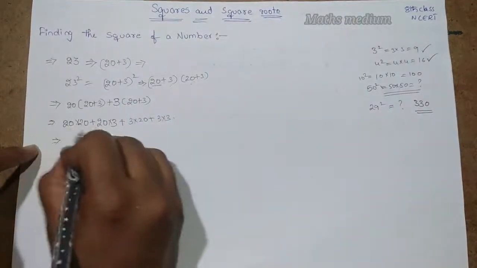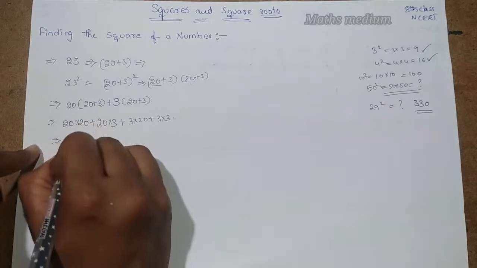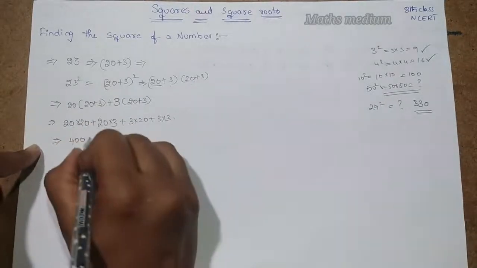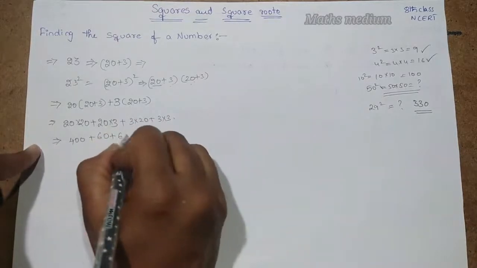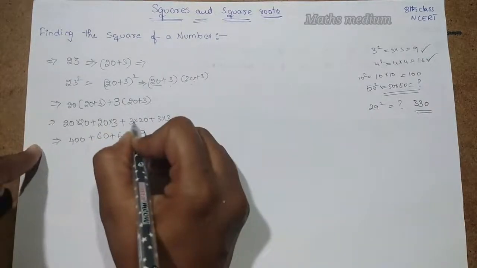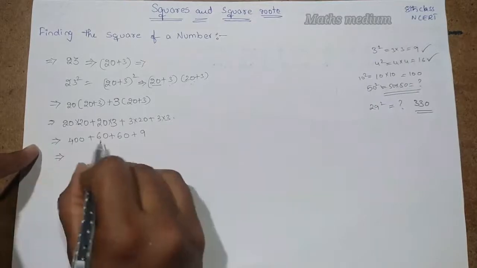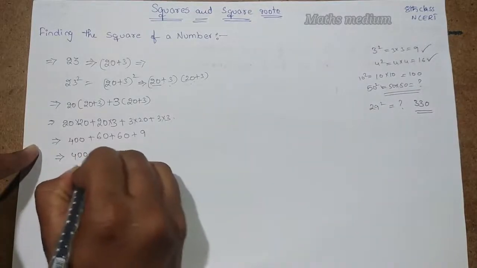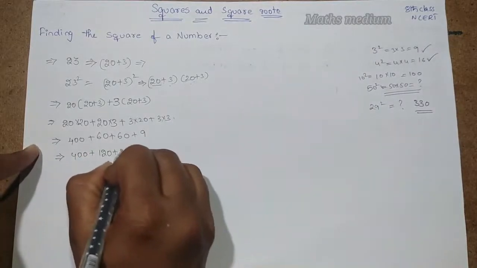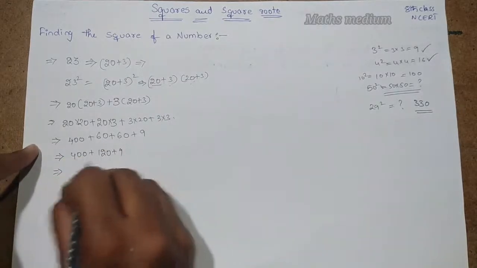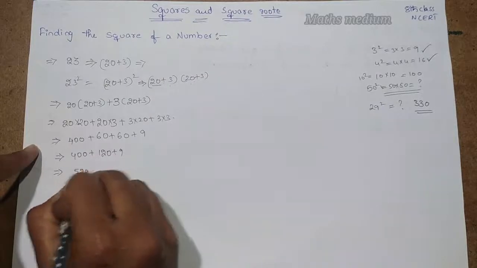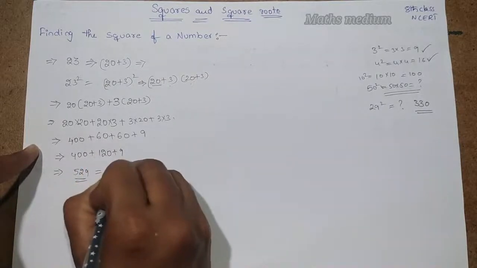Now 20 into 20 means 400, plus 20 into 3, we know that is 60, plus again 60, and 3 3s are 9. 400 plus 120 plus 9 is equal to 529 as the answer. It is equal to 23 square.